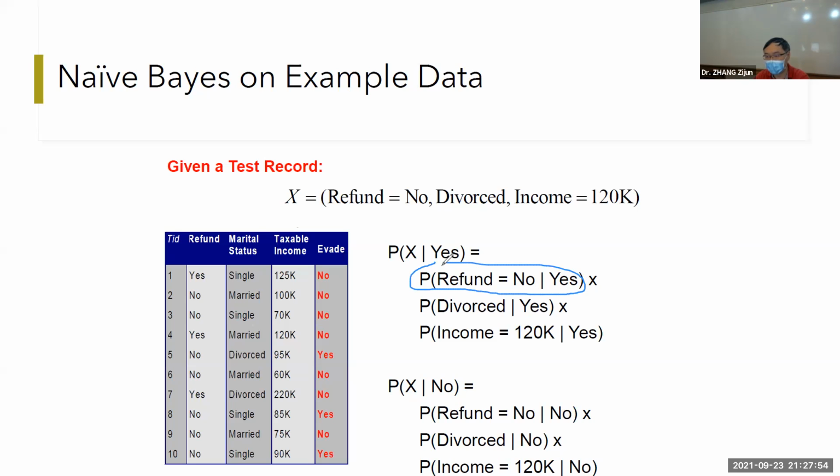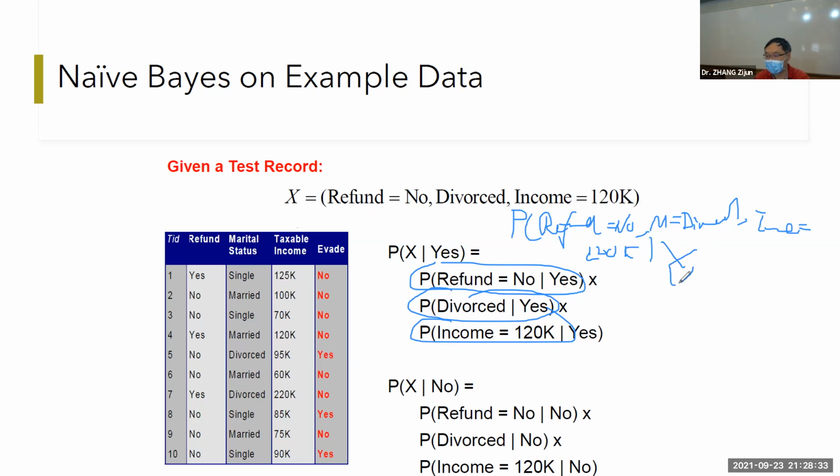The conditional probability that refund equal to no, marital status equal to divorced, and income equal to 120K, conditioned on evade equal to yes, becomes a multiplication of 3 terms.